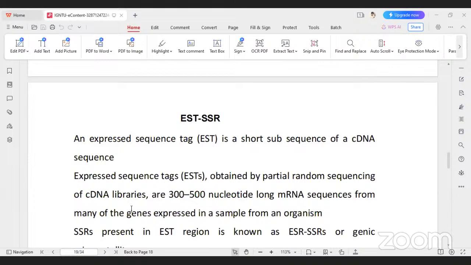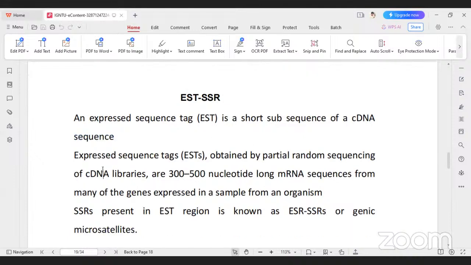EST-SSR: an expressed sequence tag, EST, is a short subsequence of cDNA. From DNA, the repeated sequence is SSR, but an EST is a short subsequence of cDNA, obtained from partial random sequencing of a cDNA library.